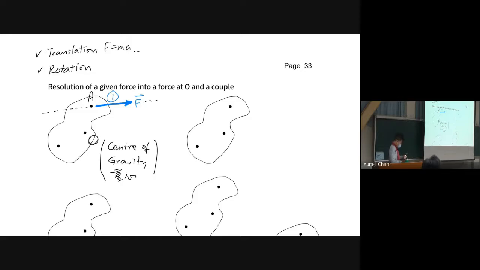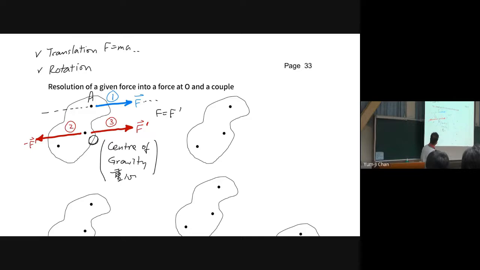We add one force to the left and one force to the right, and all of them have the same magnitude. The lines of action are parallel to each other. And we could say this is force 2.